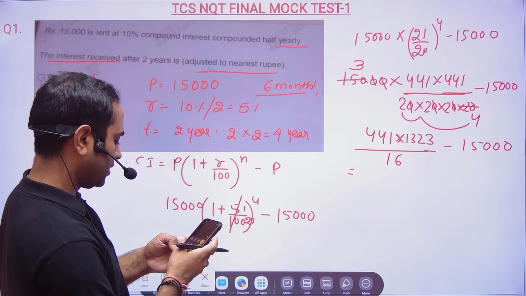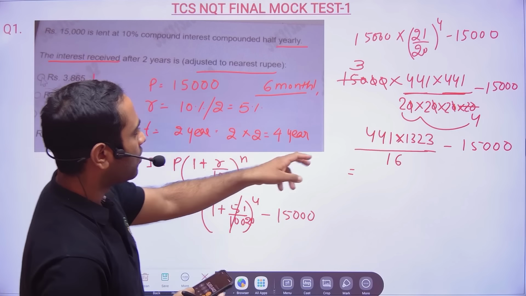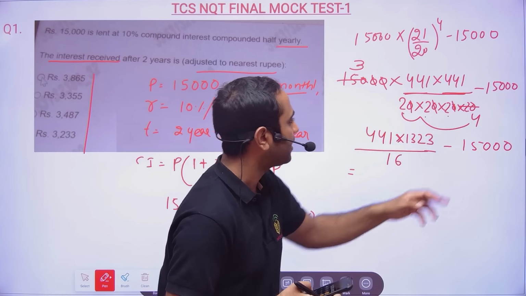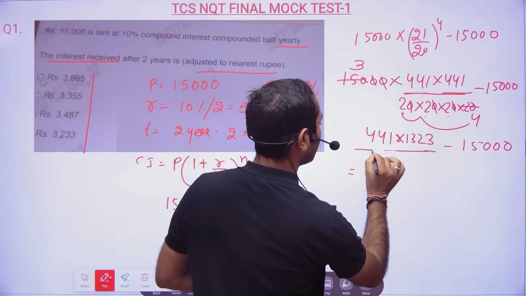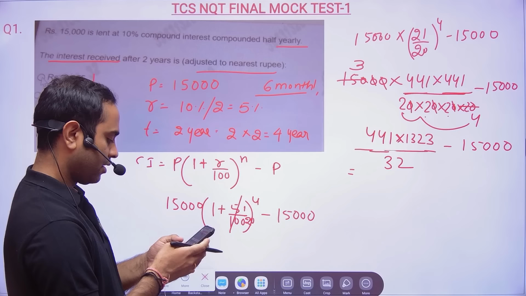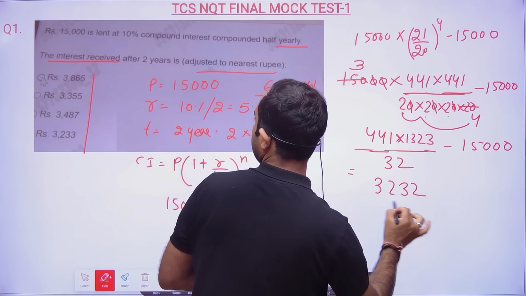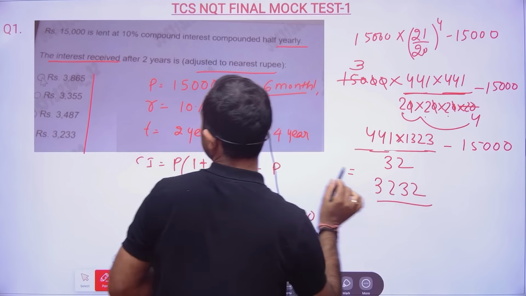So 1323 into 441, and okay, 2 into 2 is 4, 4 into 2 is 8, 8 into 2 is 16, 16 into 2 is 32. 32 is there, and divided by 32, and then I will subtract 15,000 from there. It is coming as 3232. That means the very nearest option I will put as option D, option 4.